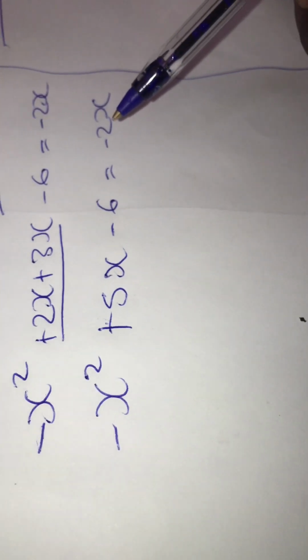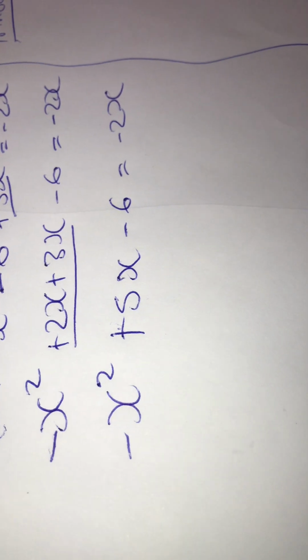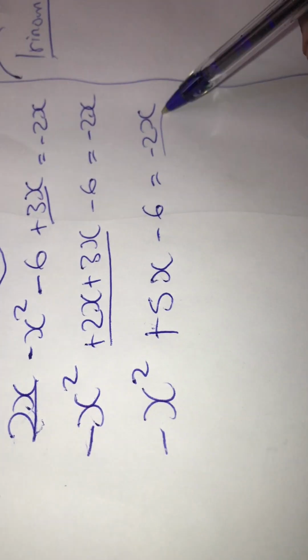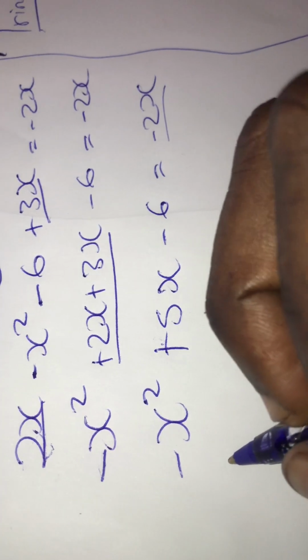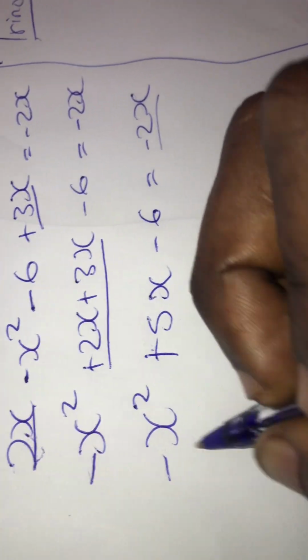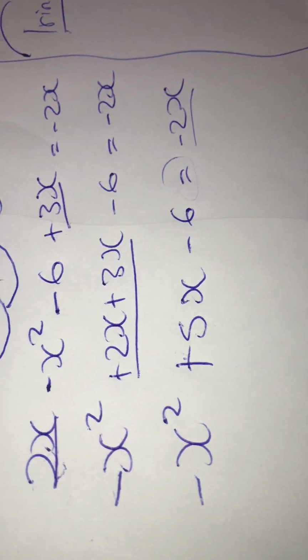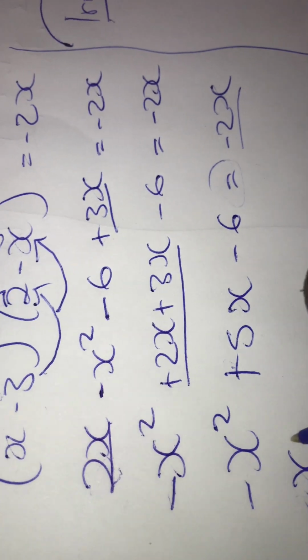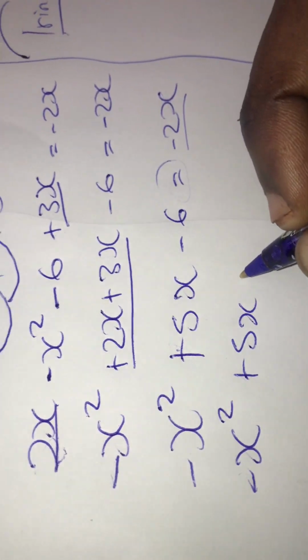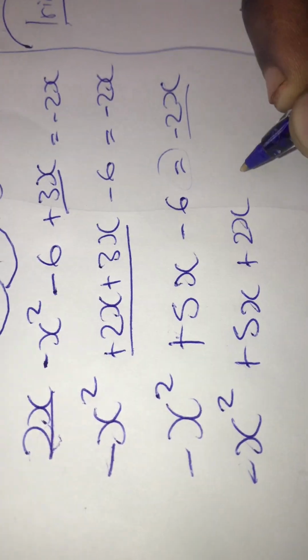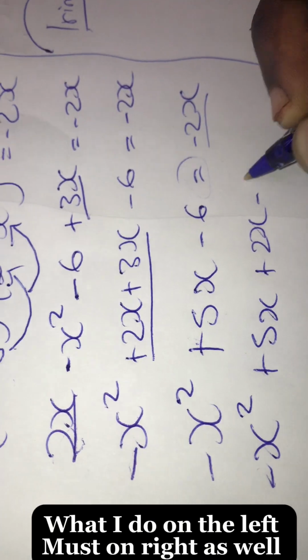That is very important. You must always make your equation equal to 0. I mean that you have to remove that. You remove that with a positive 2x, and you know that we respect the sign. So we have our negative x squared plus 5x plus 2x, and we remove the negative 2x from the right side.